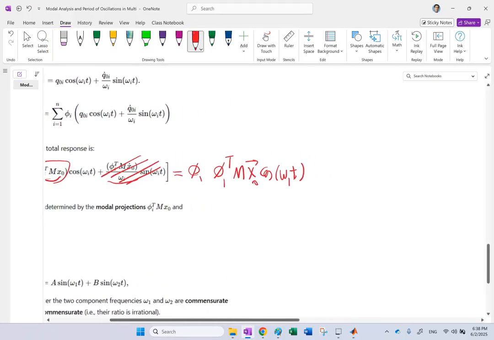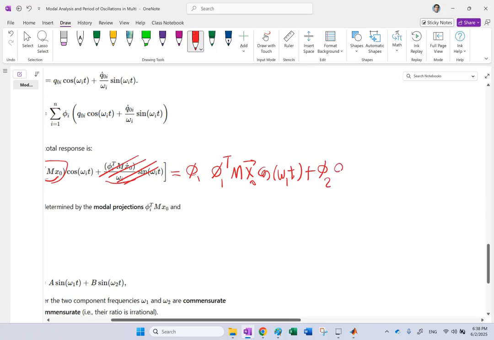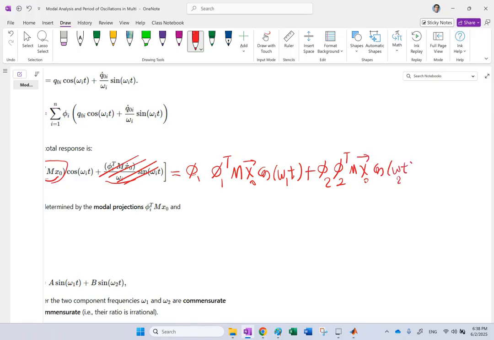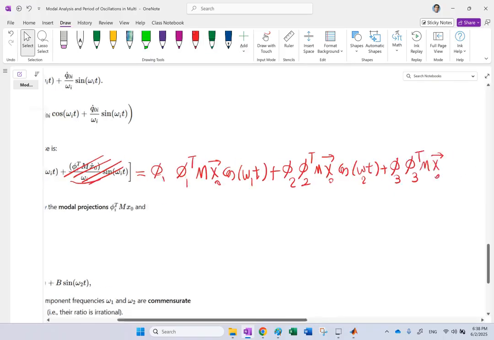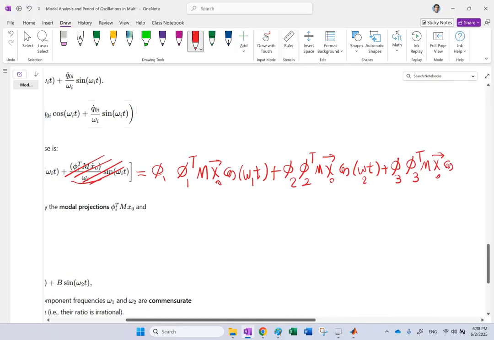And then if I expand it, it's going to be phi 2 transpose m again x0 times cosine of omega 2t, and finally phi 3. There we go. So that is all you need to calculate. These are the terms that you need to calculate and add them together. That is going to be your solution. So let's go ahead and do that.